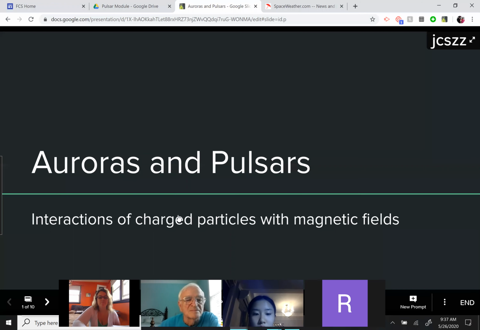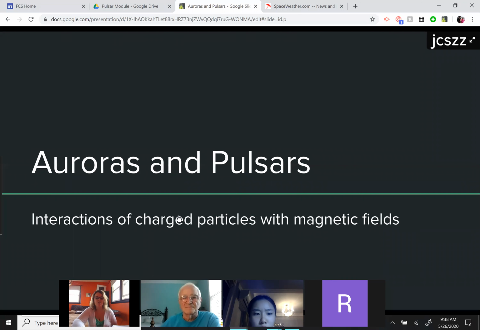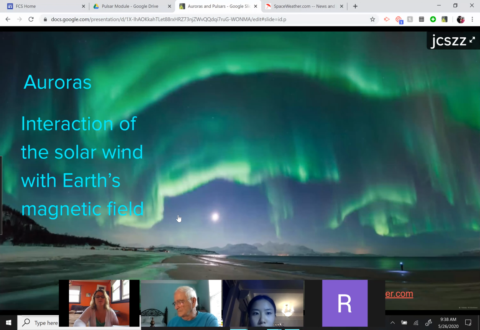That's all. Okay. All right, so auroras and pulsars. We've been talking about interactions of charged particles with magnetic fields for a while, and this is going to continue with that. An aurora is something that you can observe from Earth, or on other planets as well.